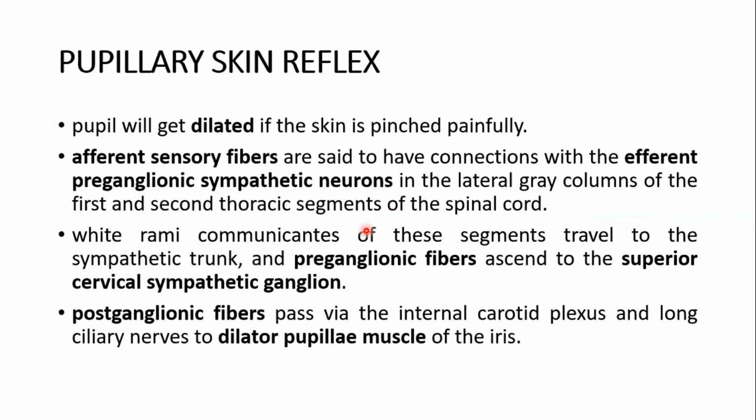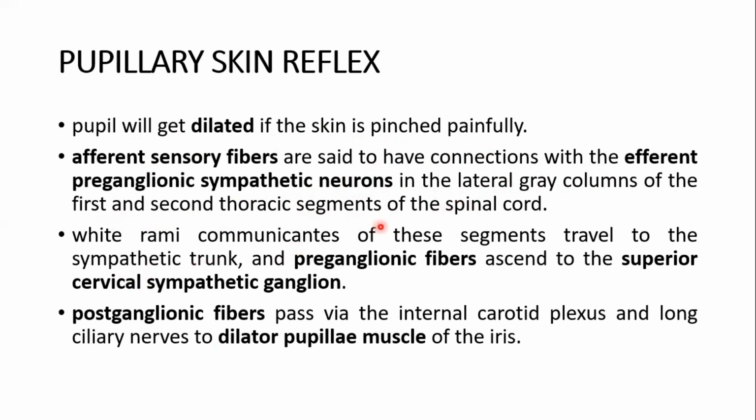Pupillary skin reflex. What is that? Pupil will get dilated if the skin is pinched painfully. Afferent sensory fibers are said to have connections with the efferent preganglionic sympathetic neuron in the lateral gray columns of the first and second thoracic segments of the spinal cord.